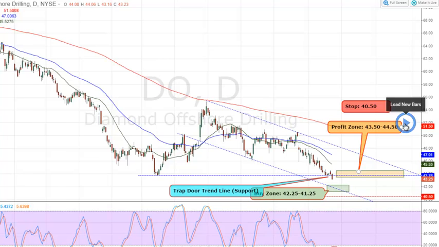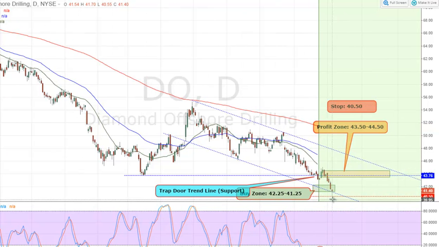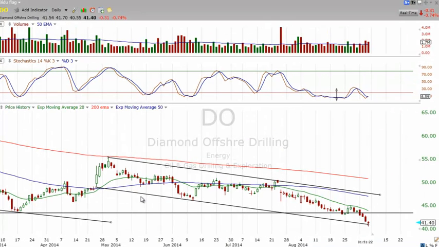So today I just took that, and we could see that we came down to that zone, and what's interesting about it is we're starting to see this big tail, and the tail's pushing back. We're staying within this. So the combination now, we have that trend line. We have a possible reversal candle.